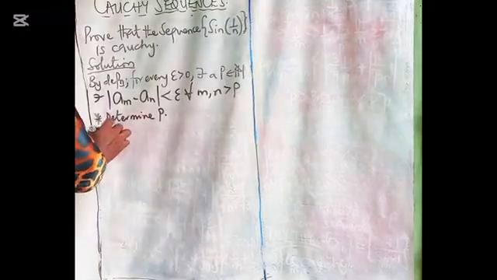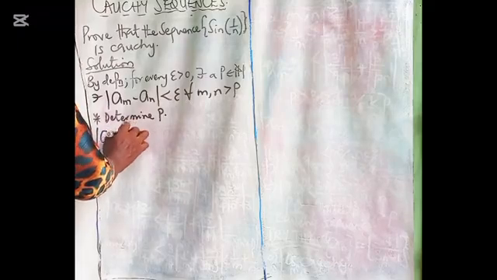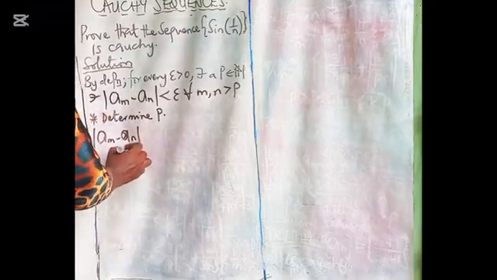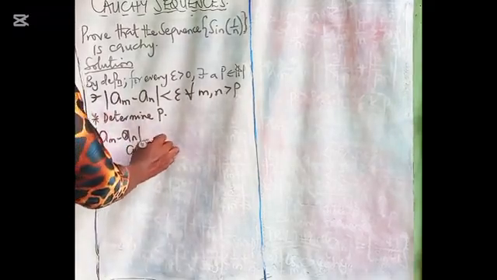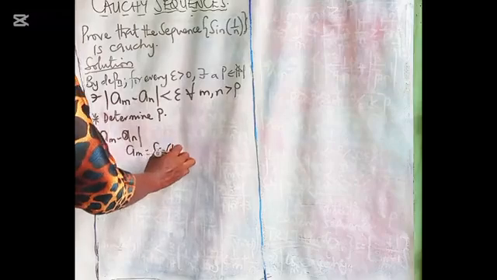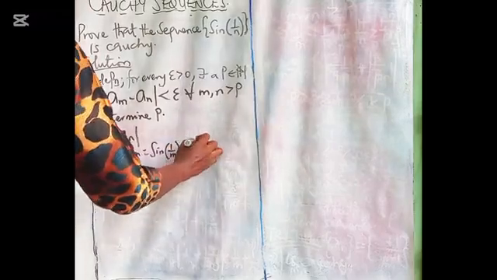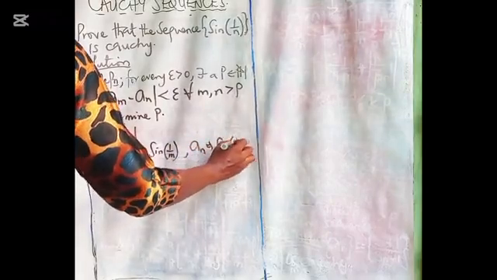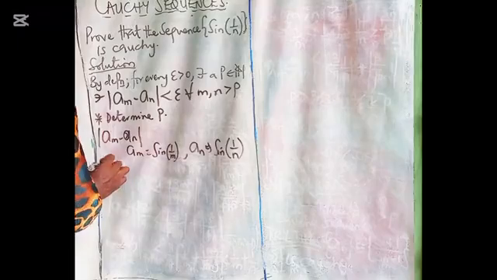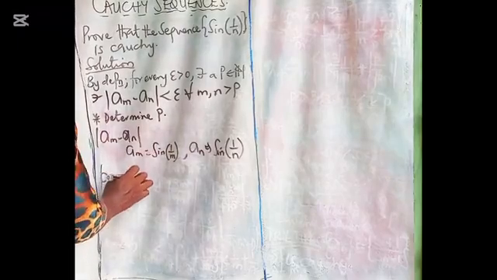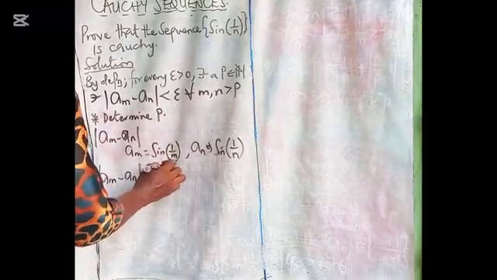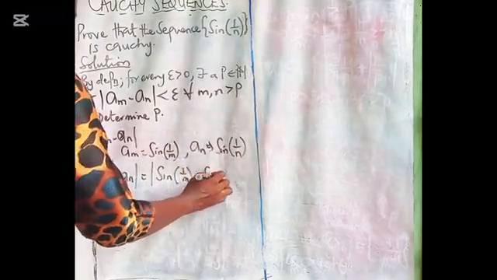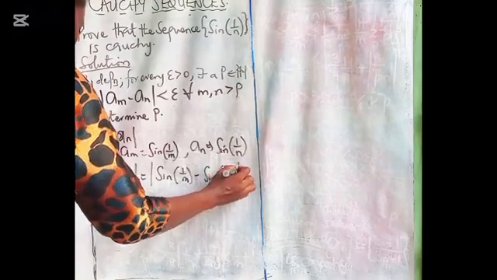We begin by using a sub m minus a sub n. Our a sub m will be the sine of the reciprocal of m, and a sub n, as we are given in the question, is the sine of the reciprocal of n. Therefore, a sub m minus a sub n will be equal to sine 1 over m minus sine 1 over n.